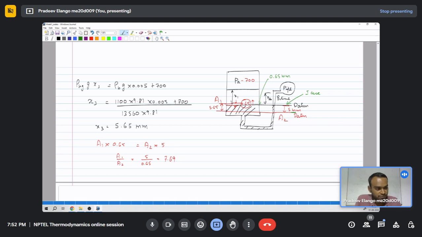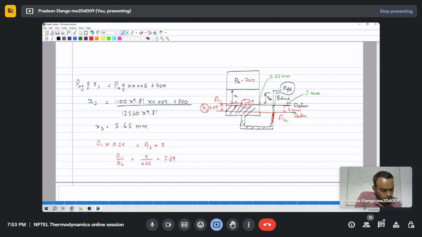In the second case, where everything is mentioned in red, we found the equilibrium. So on the right side the mercury level was here only, and on the left side we said it is some x3, and we started solving, and when we balanced the pressure we got the x3 value, and that was 5.65.